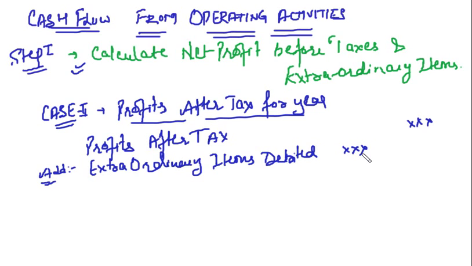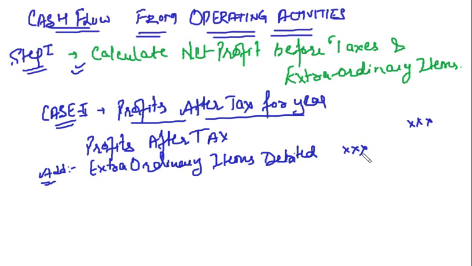Friends, if you are given in the question provision for taxation for the current year, for the current year we made a provision out of the profits, provision for taxation. Now, I told you that we have to consider only those items which involve actual cash inflow and outflow.